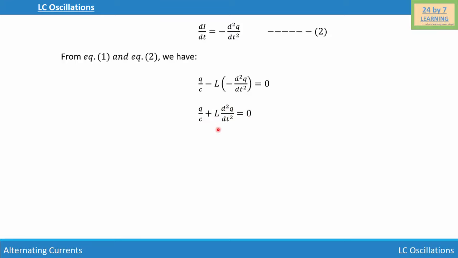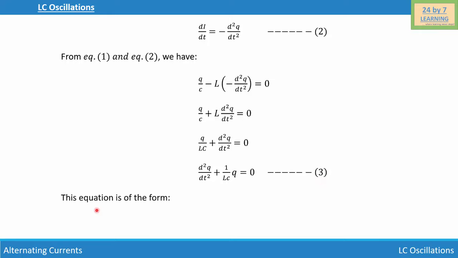Simplifying further, we write q over LC plus d2q over dt square is equal to 0. Now let's rewrite this expression: d2q over dt square plus 1 over LC times Q is equal to 0, and let this be our equation number 3.